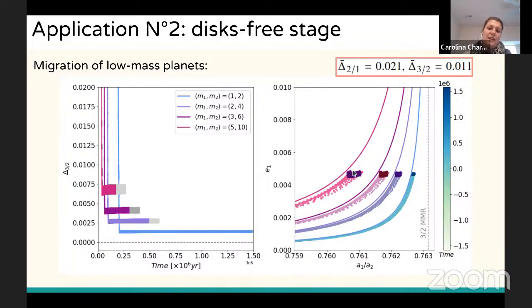So it's not that they are shifted from the commensurability, but that they are following the pericentric branch. They are only away from the nominal value.